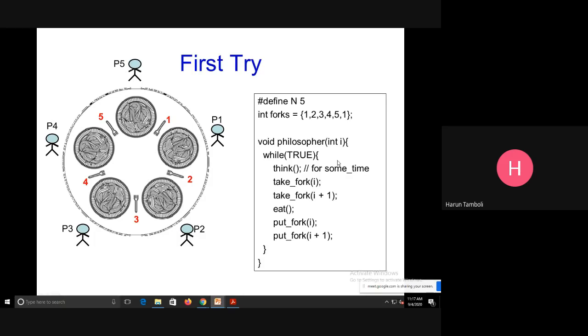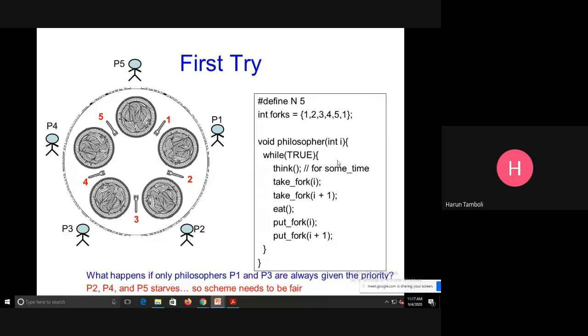So this is the first solution provided for the dining philosophers problem. But there is one possibility. Suppose P1 and P3 always get the chopsticks or are always given the priority, as I have already discussed.